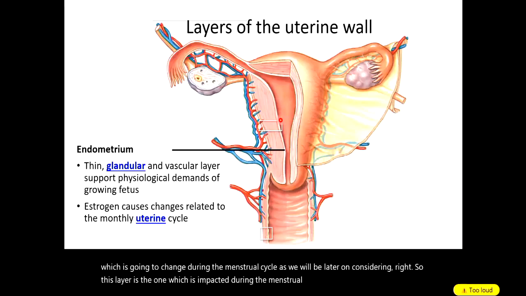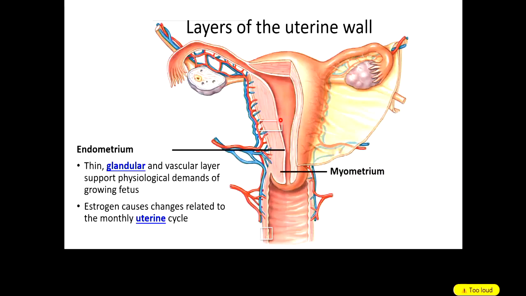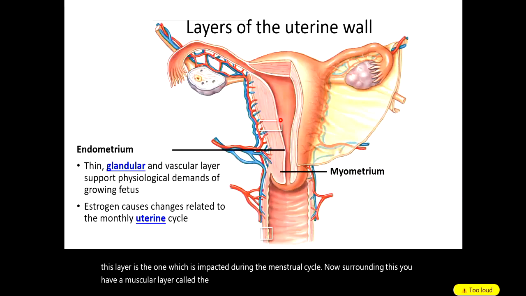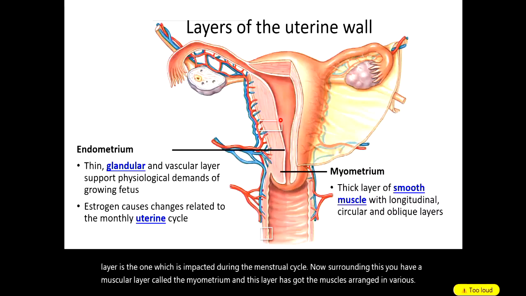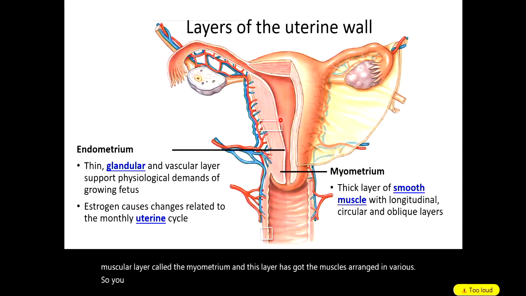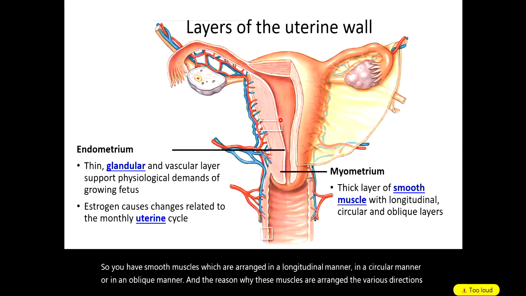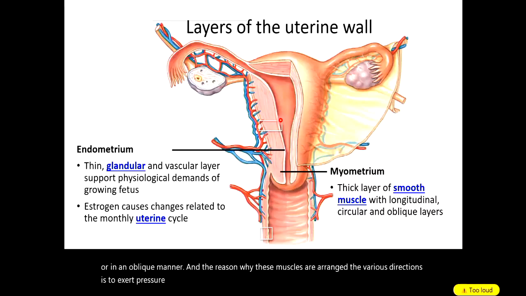Now surrounding this, you have a muscular layer called the myometrium, and this layer has muscles arranged in various orientations. You have smooth muscles arranged in a longitudinal manner, in a circular manner, or in an oblique manner. The reason these muscles are arranged in various directions is to exert pressure from all directions to help in delivering the baby.